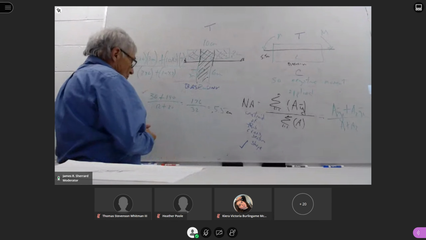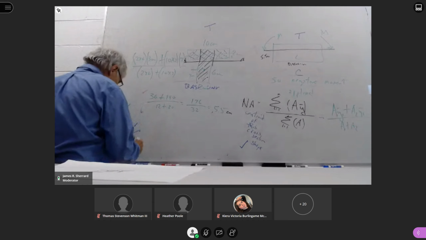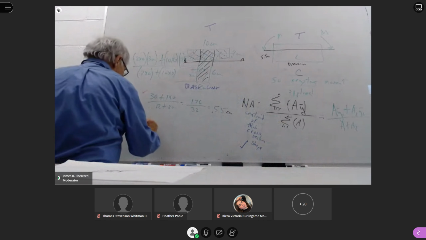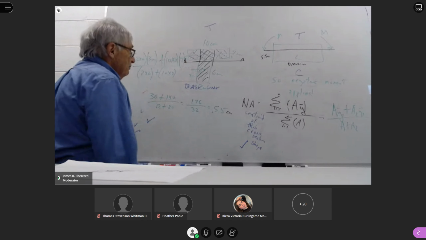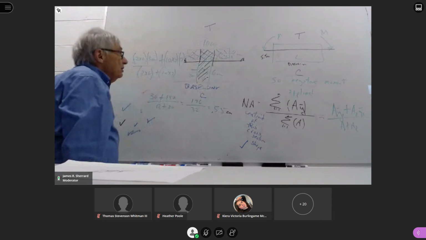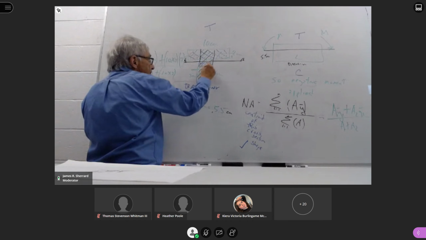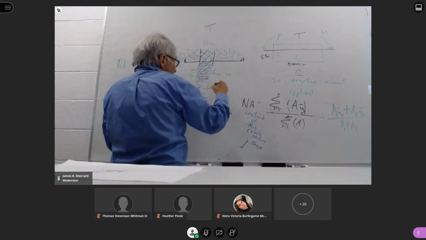Okay, so if that is a neutral axis, and we've already said that the bottom is in compression and the top is in tension, anything below the neutral axis is in compression.